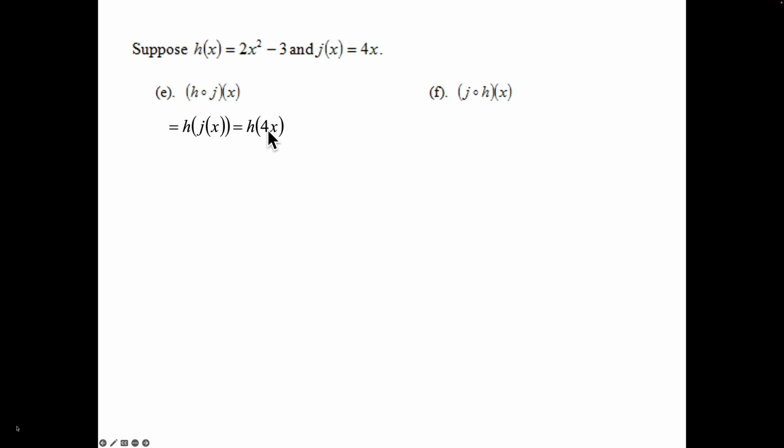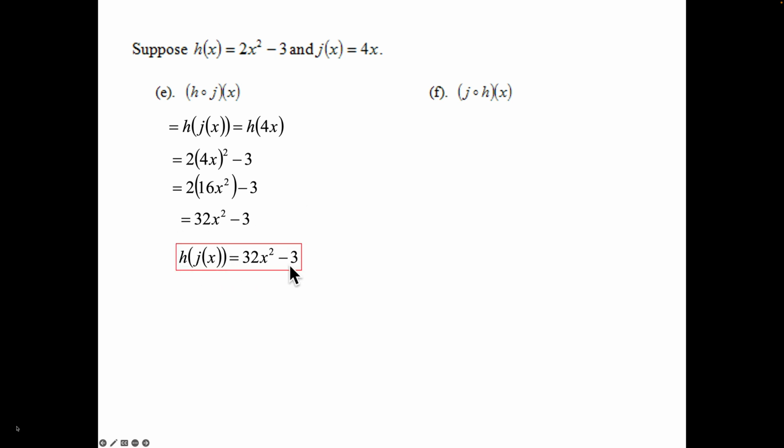So this 4x is going to go into that x of the h function. So 4x, all that squared is 16x squared, times 2 is 32x squared minus 3. That's as far as I can simplify it, therefore I am done. H of j of x is 32x squared minus 3.